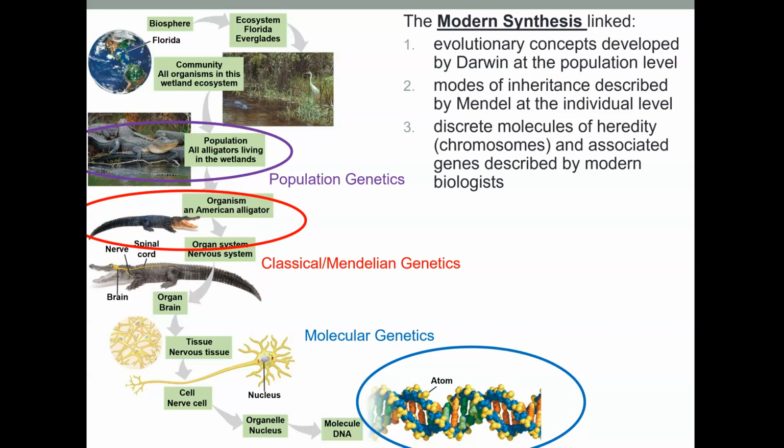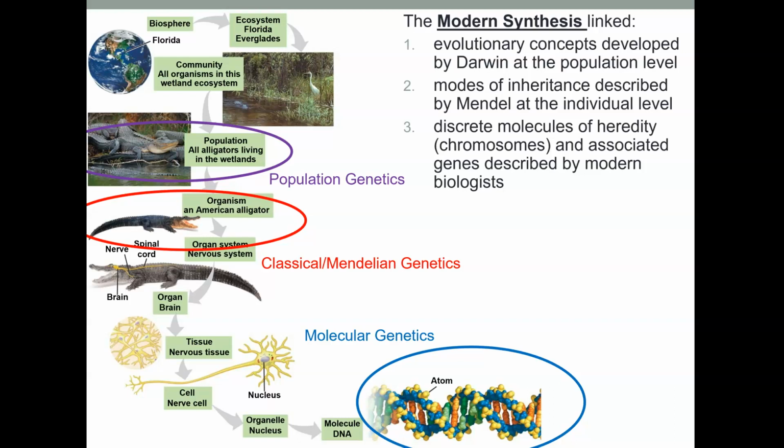And then Mendel came along in the 1860s, a little bit later, who put forward this idea of inheritance, that traits are individual, undividable units that are passed from parent to offspring, and how those units are inherited. And then it wasn't until 1950 that we had the idea of chromosomes, and that they were truly molecules and atoms causing these changes.